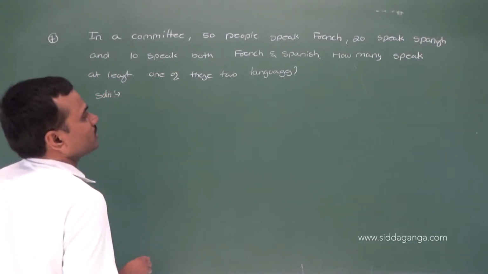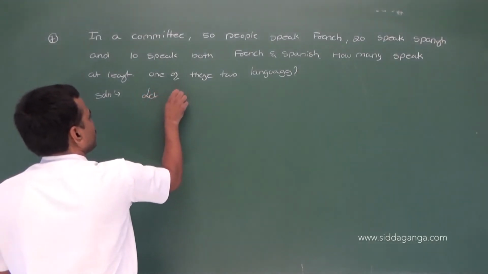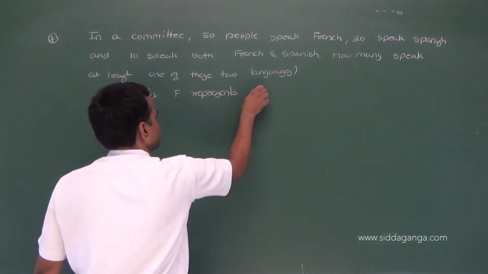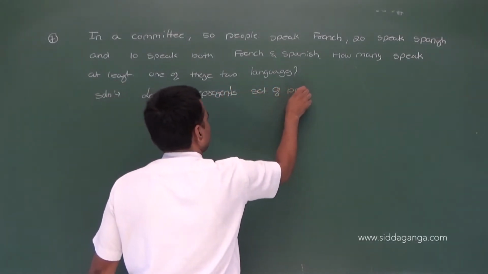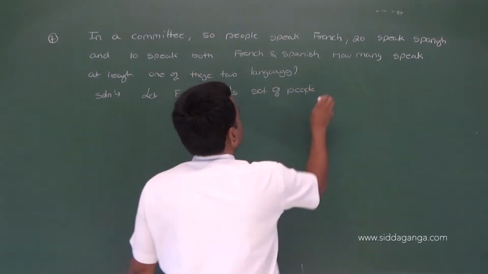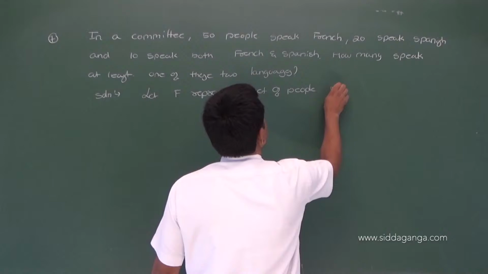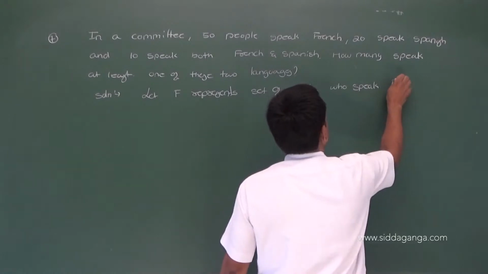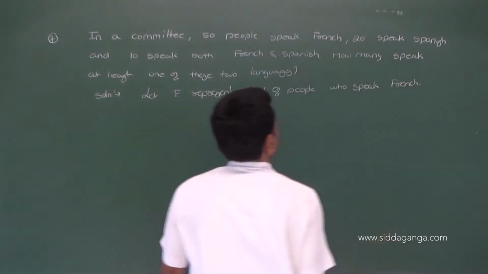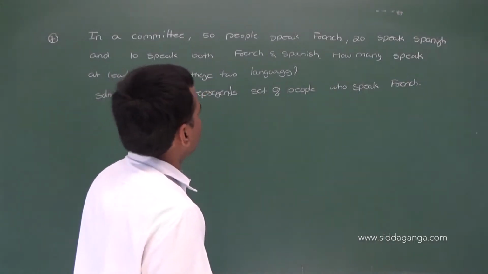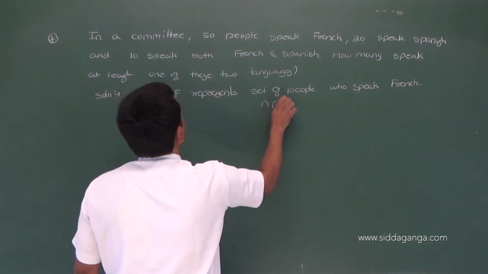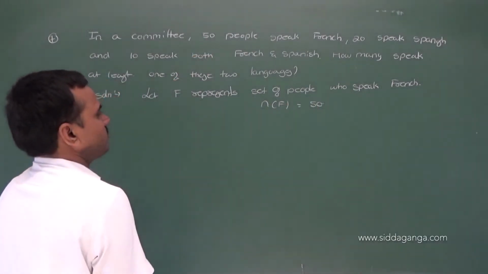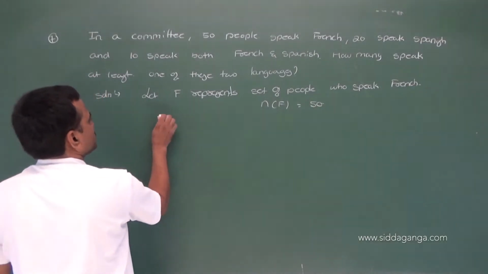Let F represent the set of people who speak French. He has given n of F is how much? 50. Next, Spanish.